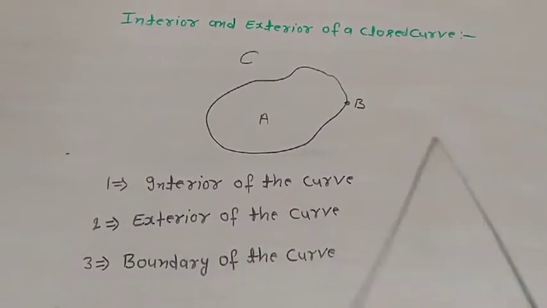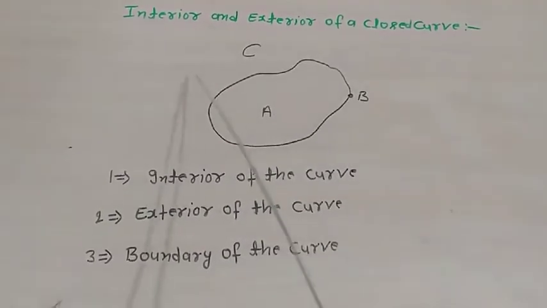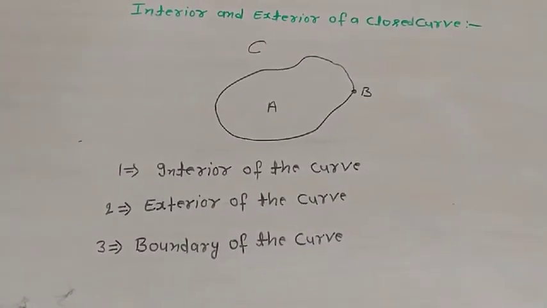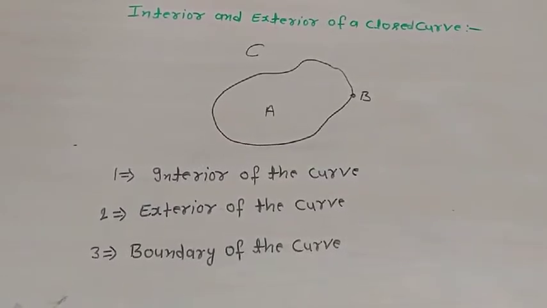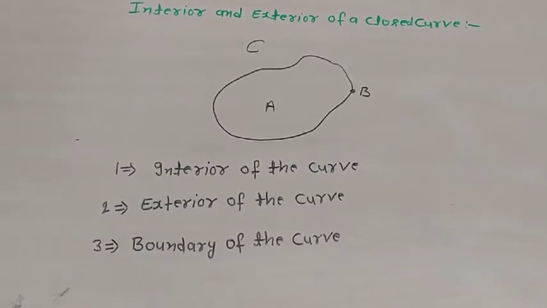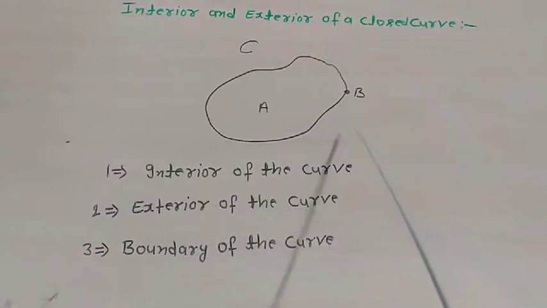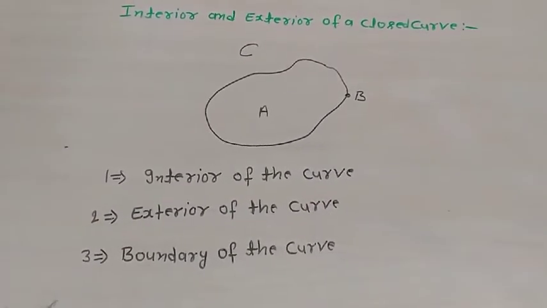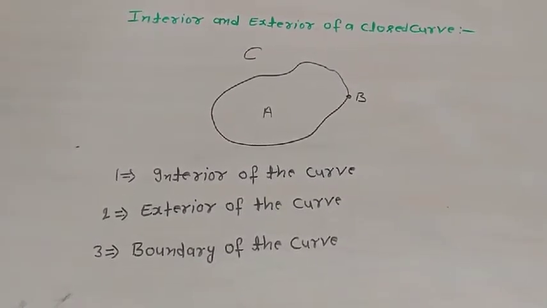And this region where C lies is the exterior of the curve. Okay, now the collection of points that lie on the curve is called the boundary of the curve. So you can see here point B lies on the curve, this is called the boundary of the curve.